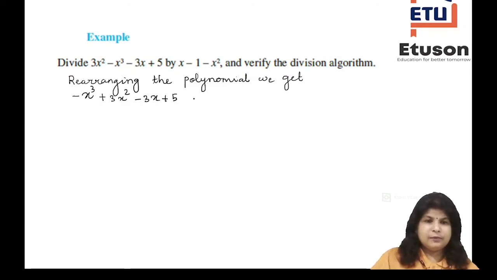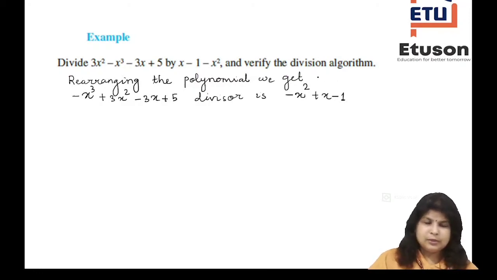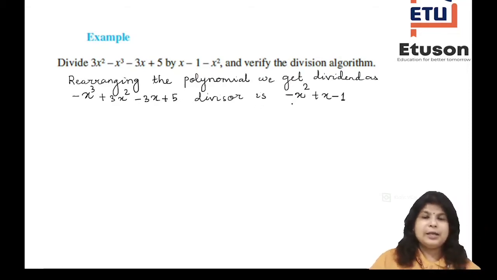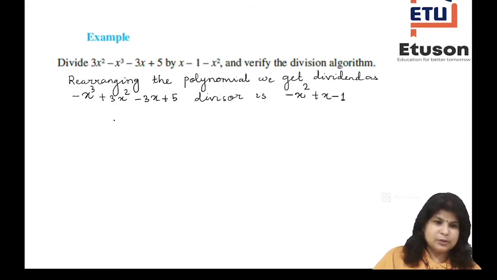What is the divisor? The divisor is minus x square plus x minus 1. Okay, so we get dividend as minus x cube plus 3x square minus 3x plus 5 and divisor as minus x square plus x minus 1. So let us go for the division.